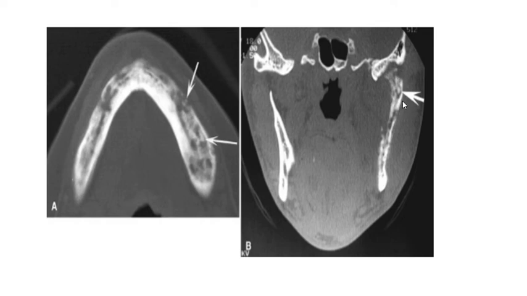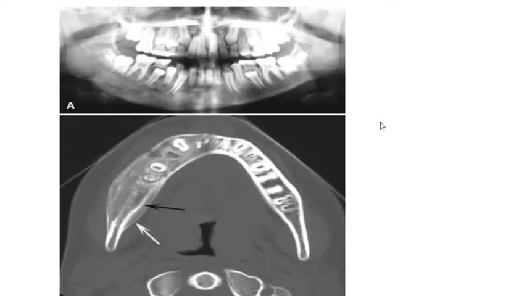So this diagram represents the panoramic and axial image of the mandible involved with chronic osteomyelitis. Let's pay attention to the right segment of the mandible.